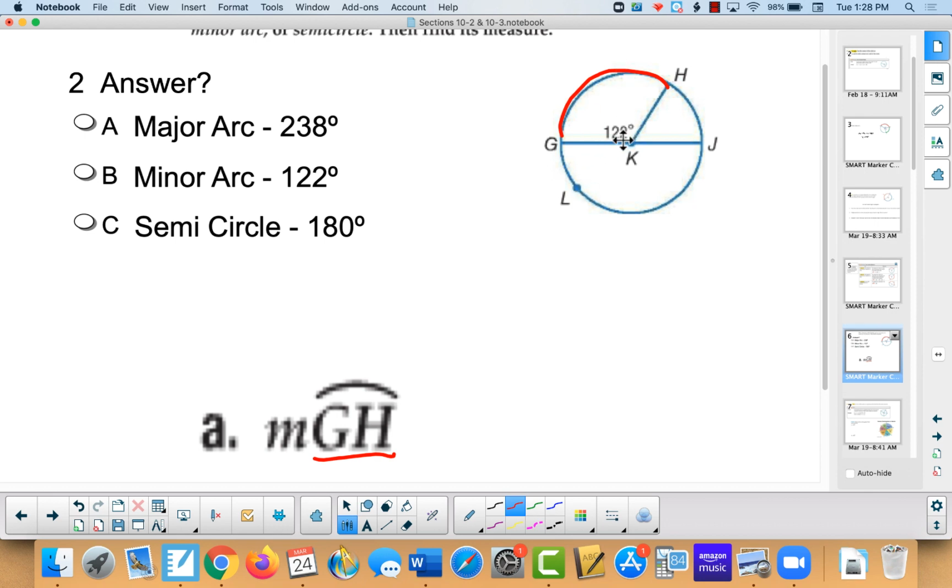And this is the central angle for GH, since it's circle K, and K is the center. So the degree measure of arc GH is 122 degrees. Notice the little M in front of the name of arc GH. Anytime you see that, that's asking for the degree measure of the arc, not the length.